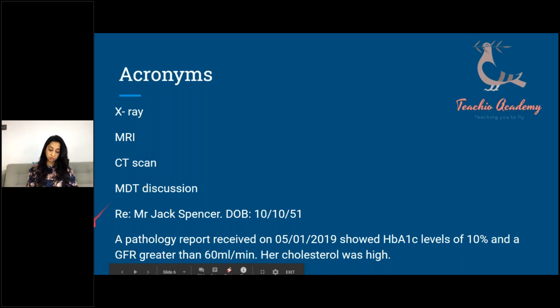This is again from the official OET. Just use this and just get done with it. So regarding, and then colon, Mr. Jack Spencer, full stop, date of birth, colon, and then 10/10/51. So just copy this and use it on your OET and don't worry about it anymore.